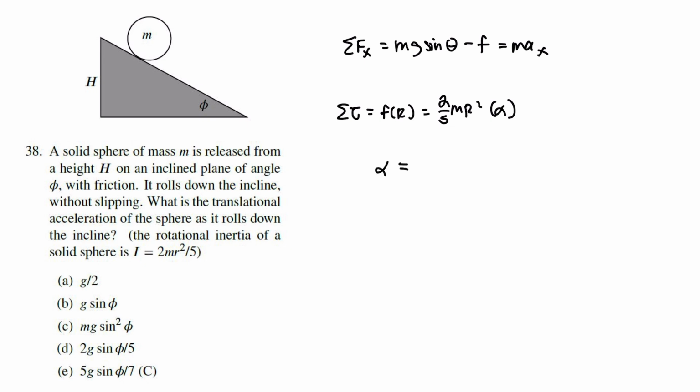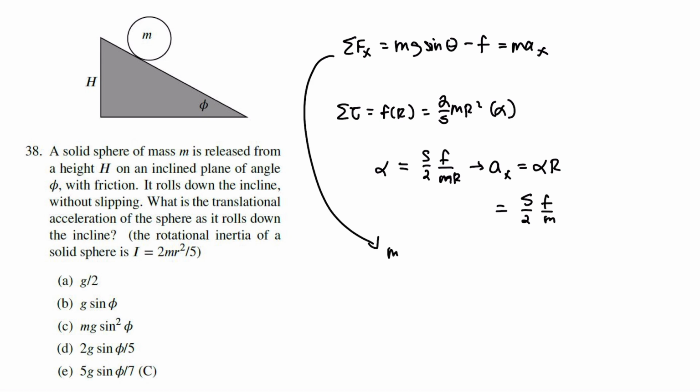So we'd get alpha is equal to 5/2 f by mr. Then, using our rotational rolling equations, we know ax is equal to alpha r. So that would be equal to 5/2 f by m, which we can then substitute back into here.